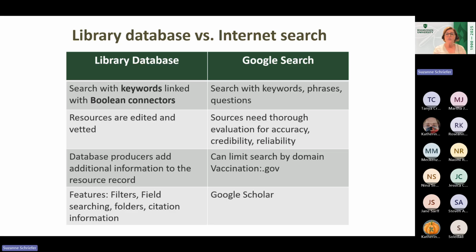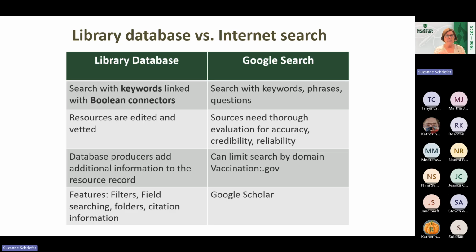Library database producers add a lot of extra stuff that is really helpful. And we'll see in a moment that you can generate an APA citation if you find an article in a library database. They add subject headings. They add a lot of other features to make your life as a researcher and as a student a little bit easier. The only thing I can think of that's comparable in Google, and this is strictly a Google thing, is you can limit a search by domain.